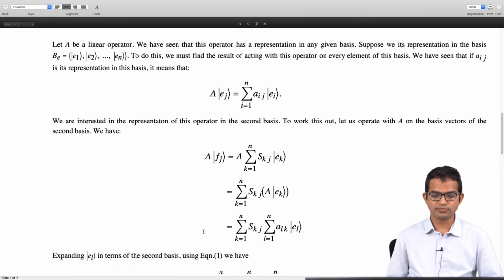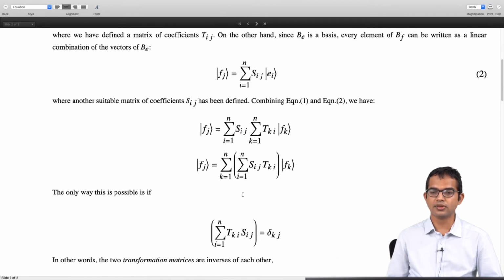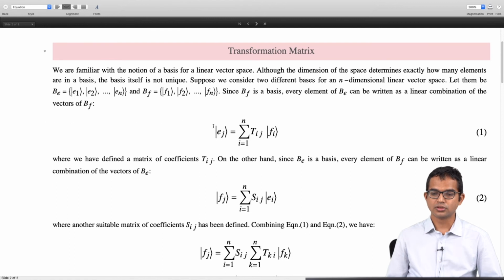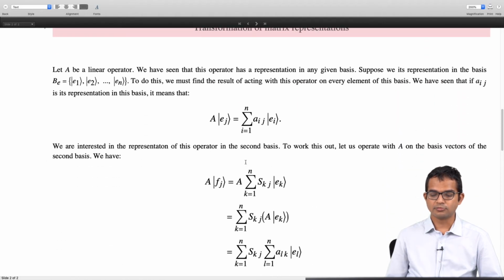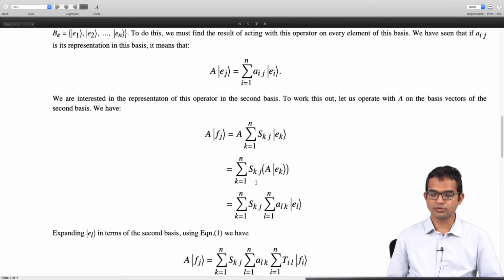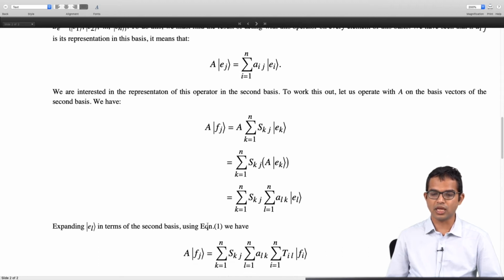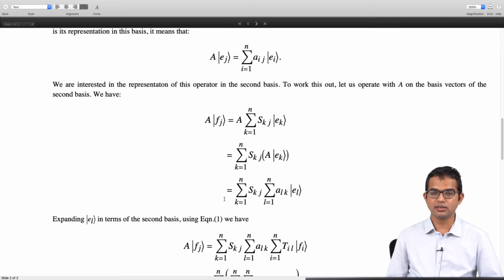Now you expand El in terms of the second basis using equation 1. El itself can be written with the help of Tij's in terms of the basis Fi, the basis BF. So then one more summation comes in. A acting on Fj is actually summation over k of Skj, summation over l of Alk, summation over i of Til Fi. You should cross-check and convince yourself that I have used the right symbols everywhere.